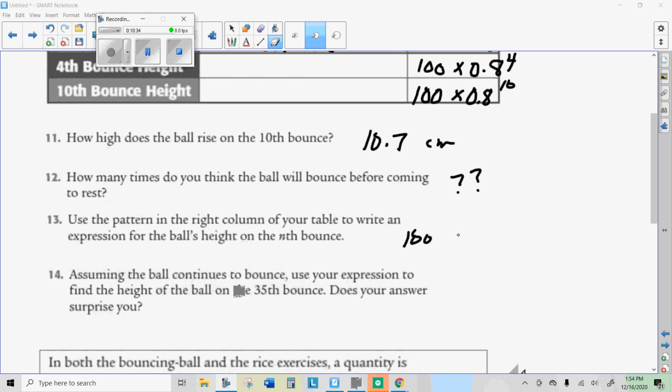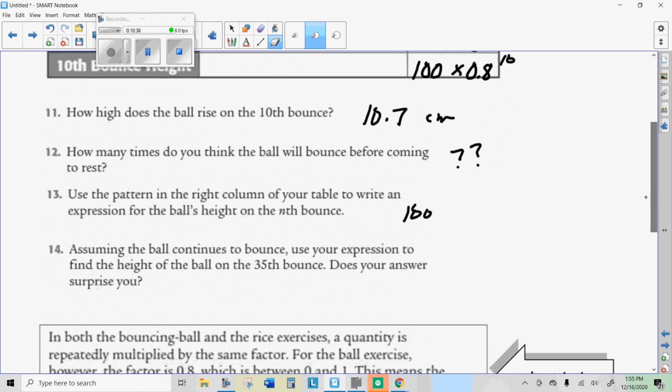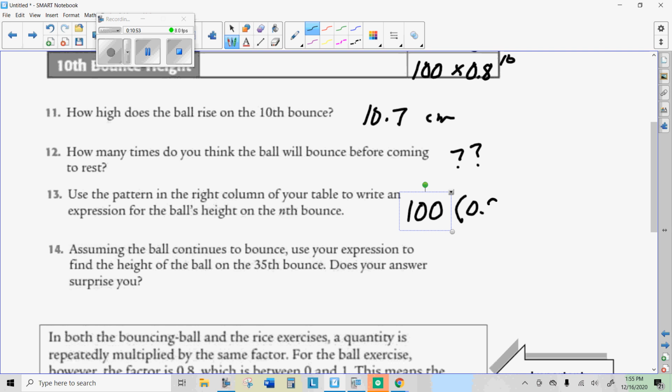So whenever a situation is exponential, you can write an expression like this. Take your starting height, which is 100, then multiply by whatever the common multiplier is. And I'm going to put it in parentheses this time, but remember this means times 0.8. And then your power is how many times that thing happens. So in this case, it's the number of bounces.